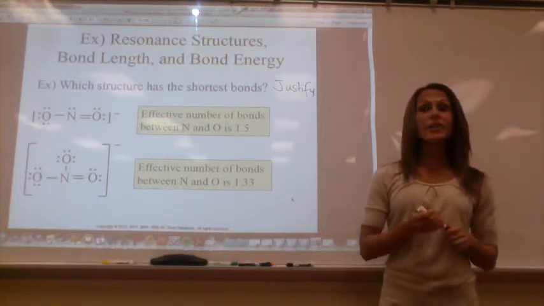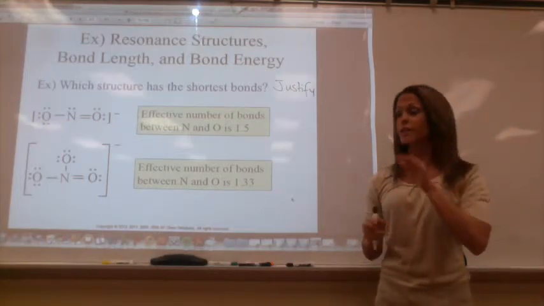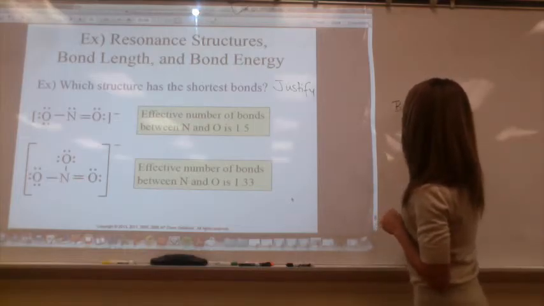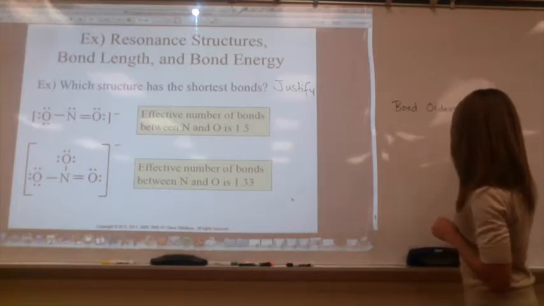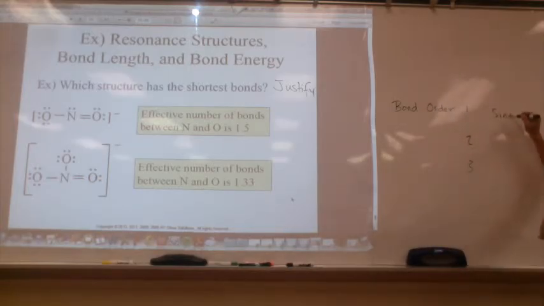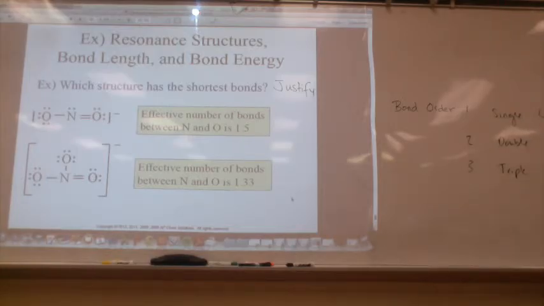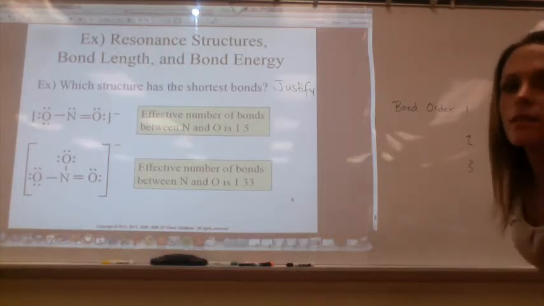Right, so how do you determine shortest bond? You know this. If I gave you bond order, remember yesterday I taught you bond order? Bond order of 1, 2, 3 means single, double, triple. Okay, which one is the shortest? Shortest, longest, right?